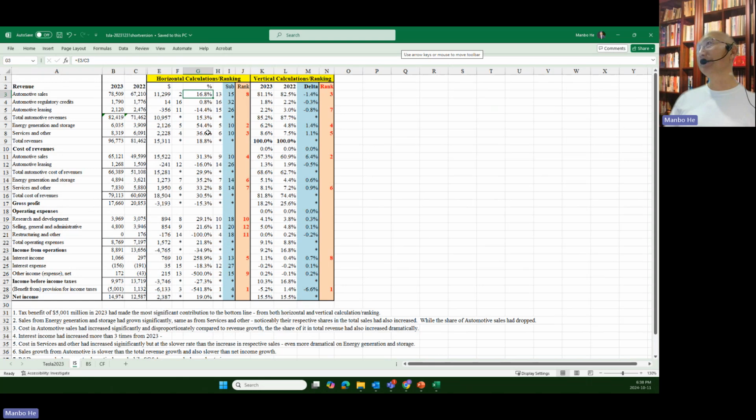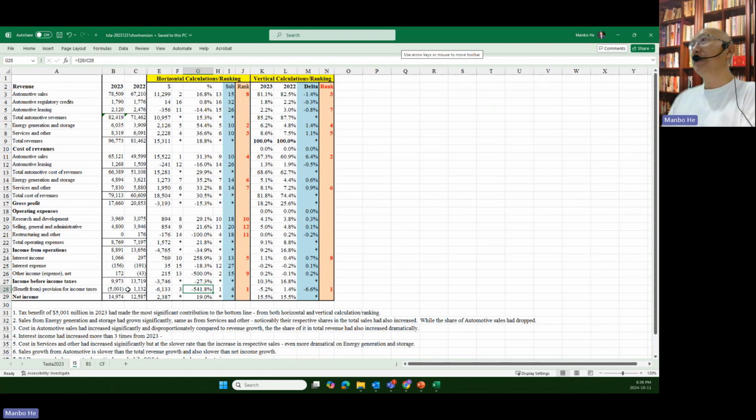We do the same thing for all the items here. And then we do the same ranking again, ignoring all those subtotals or totals. In terms of percentage, the number one item becomes another one, which is the provision for income tax, which is a negative, reduced by more than 500%, more than 5 times.